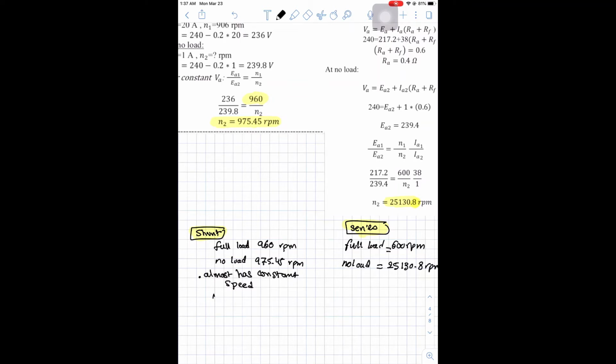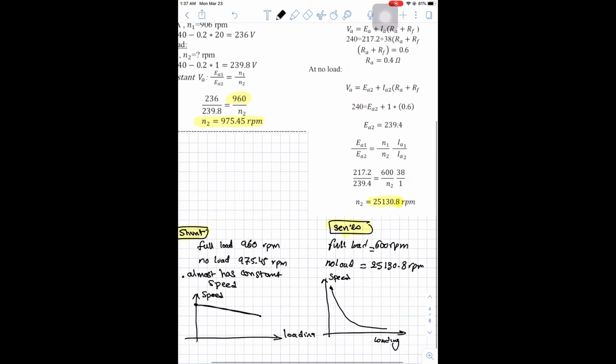If we need to sketch the relation between speed and loading, the difference between no load speed and full load speed is not too much. But if we need to sketch the torque speed or the speed loading characteristic for a series machine, at no load the speed can go to infinity, and with loading this speed drops so fast.